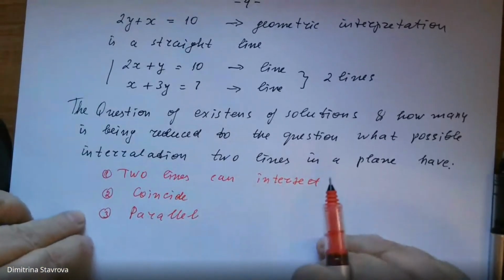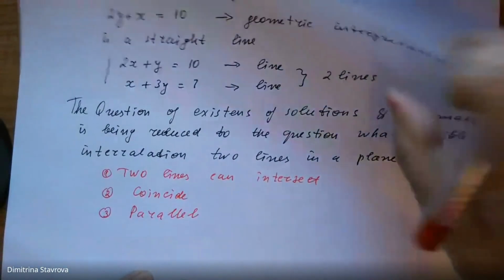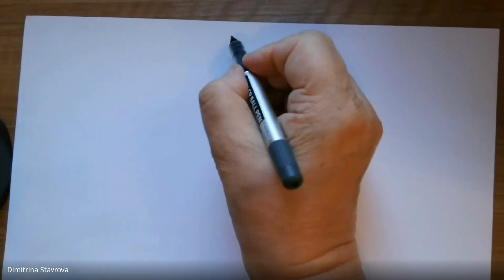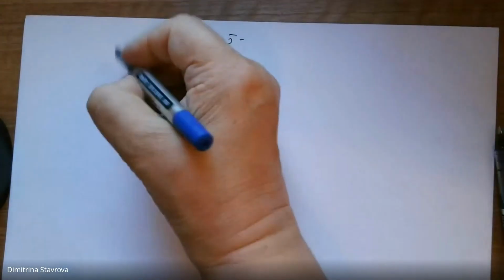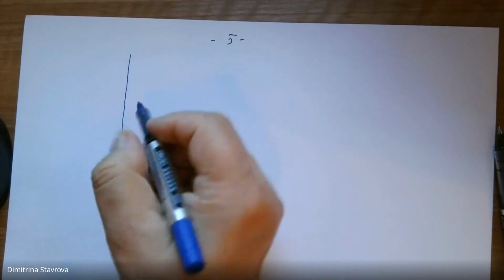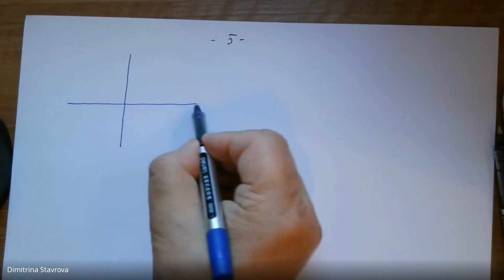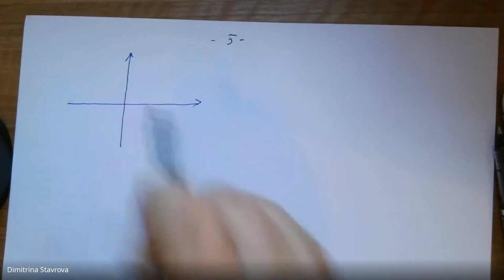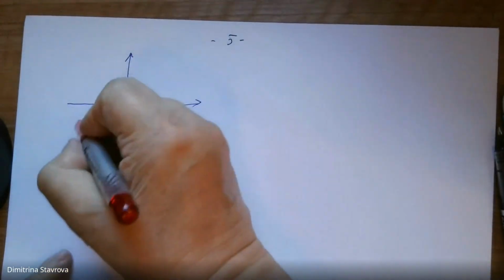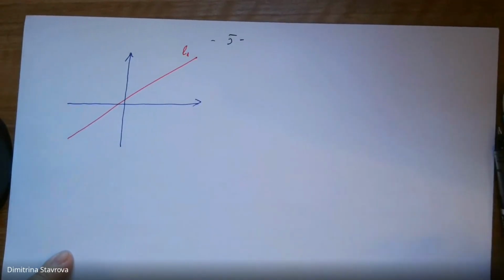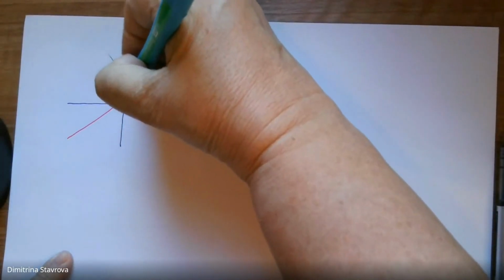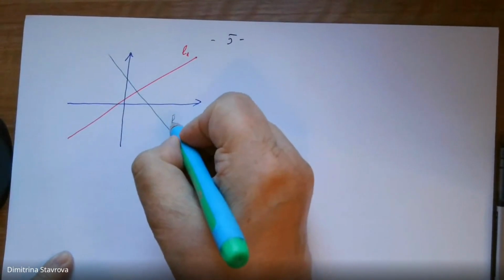Let's draw some picture which will make things even easier for us. So let us draw a coordinate system, again approximately, and I will draw approximate lines. So let's have one line, L1, and another line which intersects, L2.